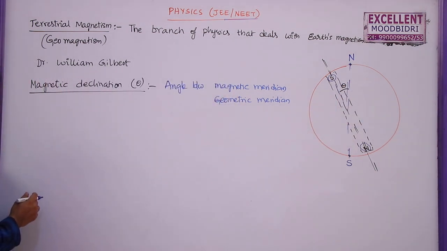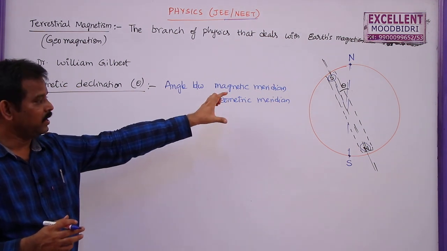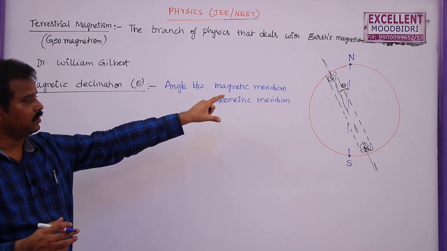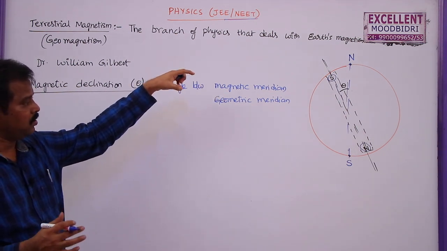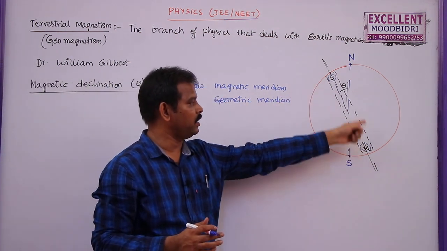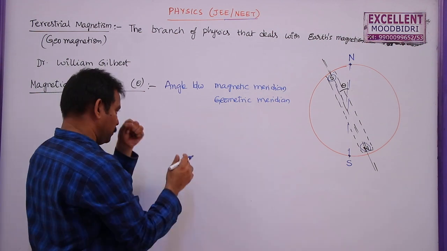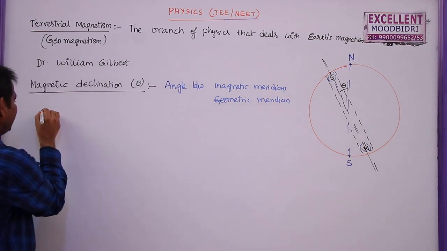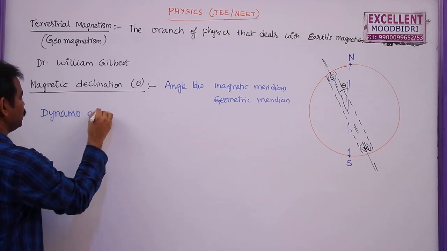Now, the reason behind Earth's magnetism was explained by many scientists at different times with many theories. They thought that a big huge magnet is buried inside the Earth, so that's why Earth behaves as a magnet. But it is not correct. After that they found the dynamo effect.